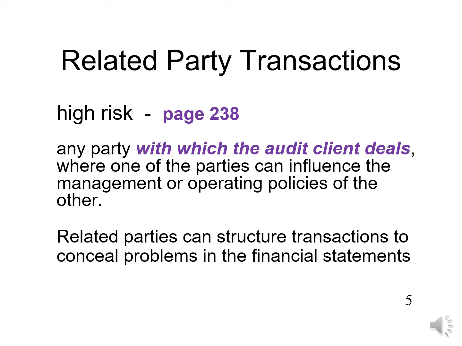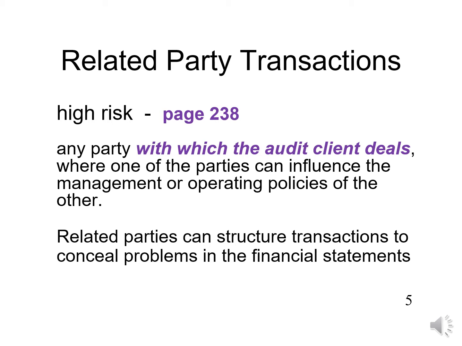It can go either way. The risk associated with related party transactions is because one party can influence the other. They can structure transactions that might conceal problems in the financial statements.